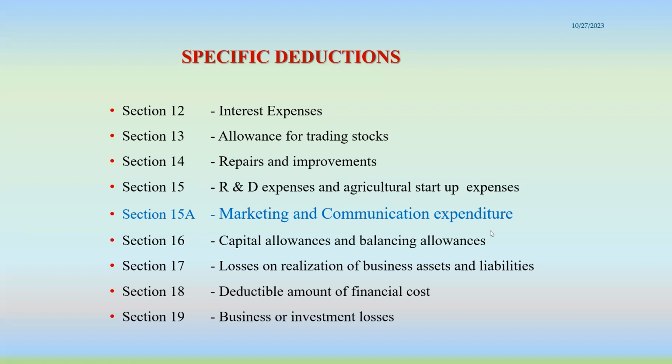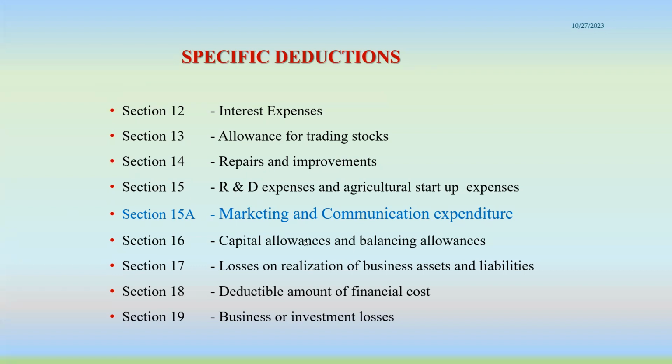Here, marketing and communication expenditure. Then capital allowances and balancing allowances. After that, losses on realization of business assets and liabilities. Deductible amount of financial cost and the business or investment losses. These are the expenses that can be deducted under these specific conditions, applying these specific deduction rules.